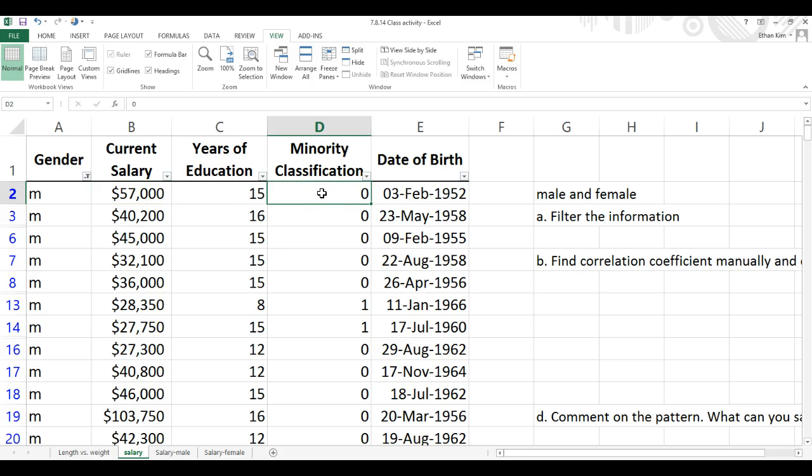We don't know how to do this yet because this is categorical data, and I'm not sure if we will have time to discuss this, but this is something called chi-squared, where we also factor into account the categorical value. We're going to see the relationship between the different categories and the result. So if you do the minority classification with the salary, there might be a relationship between the two instead of the years of education.